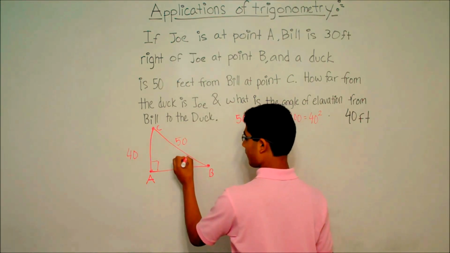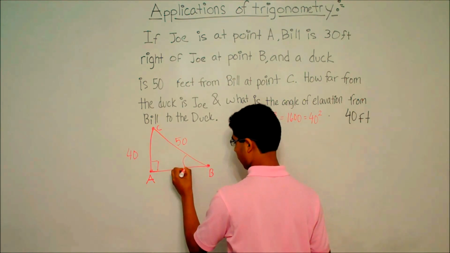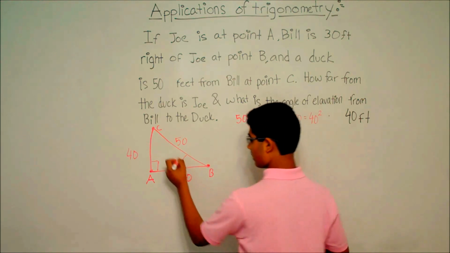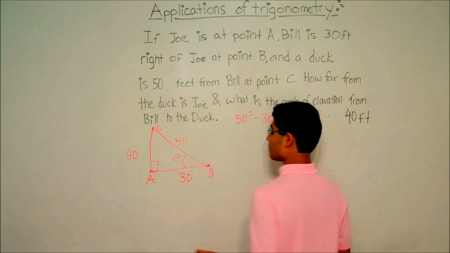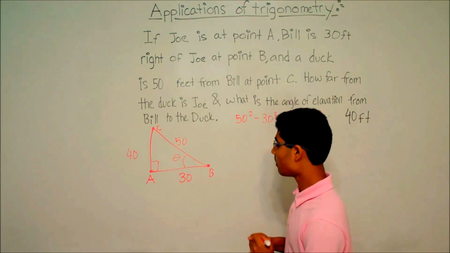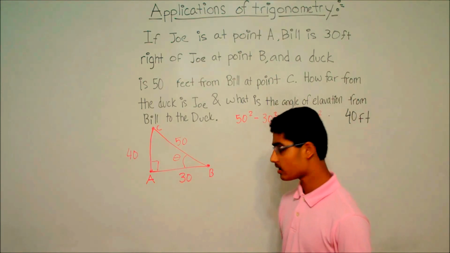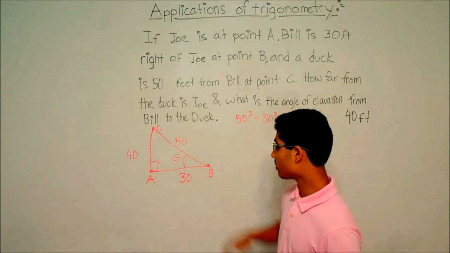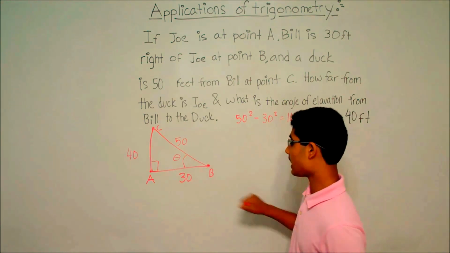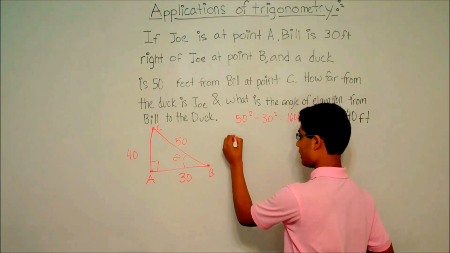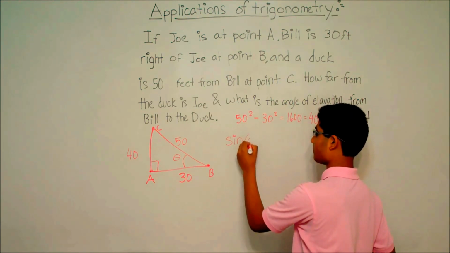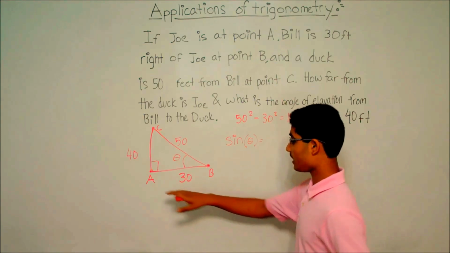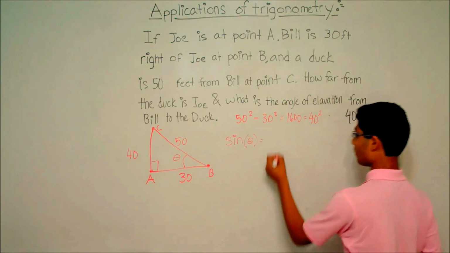And so now we have to find the measure of this angle. So, let's say this angle is theta. So now we can use our sine trigonometry to find the value of this angle, because we know the sine of this angle is equal to the opposite over hypotenuse, so it's 40 over 50.